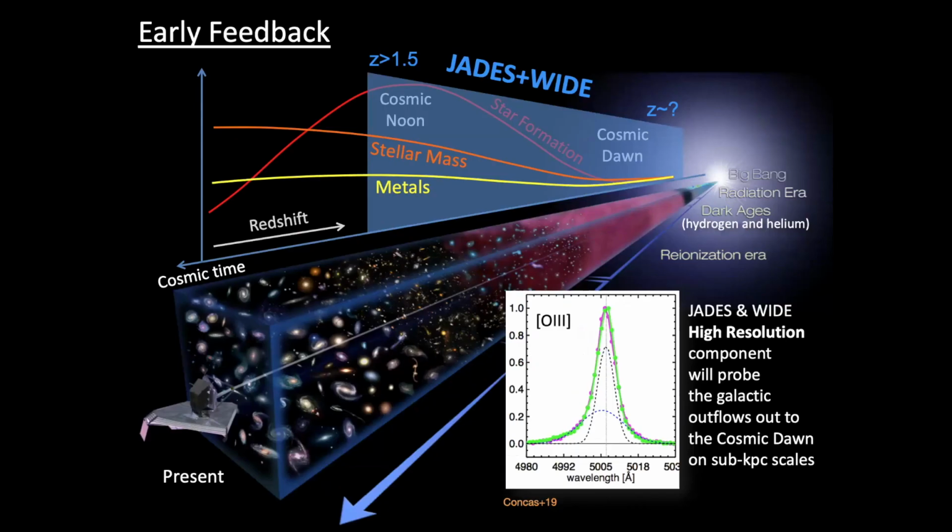Of course, with the high resolution component of the survey, we will characterize in detail the shape of the nebular emission lines and detect possibly the presence of wings, which would be tracing galactic outflows, and therefore we will be investigating the early feedback in these galaxies out to very high redshift and, given the resolution of JWST, also on sub-kiloparsec scales.